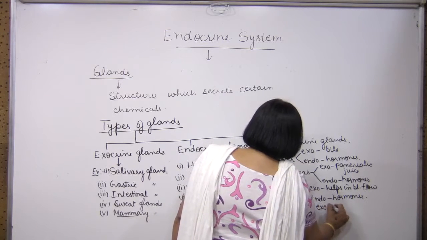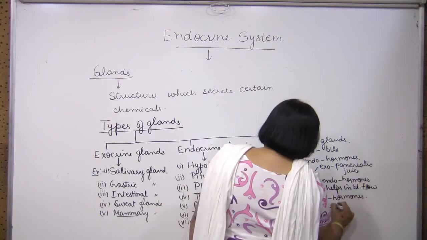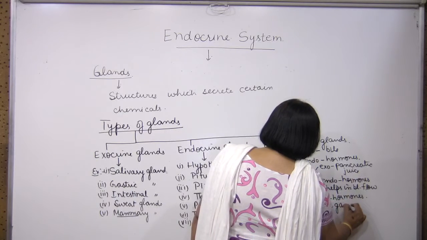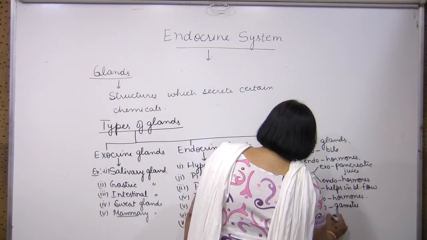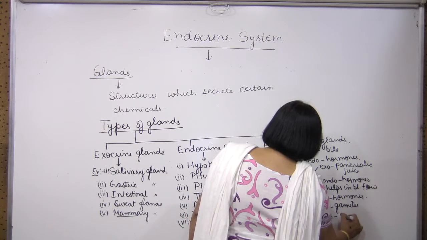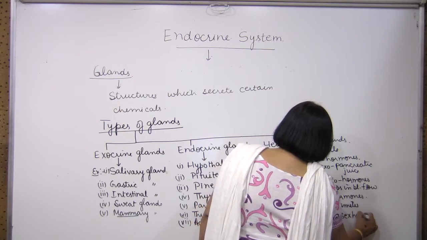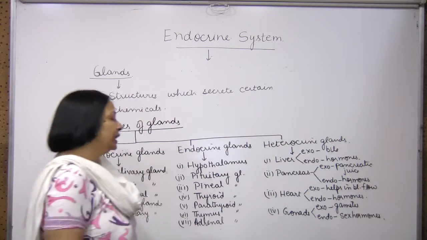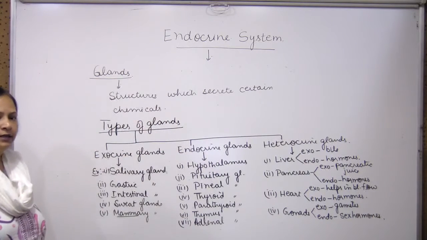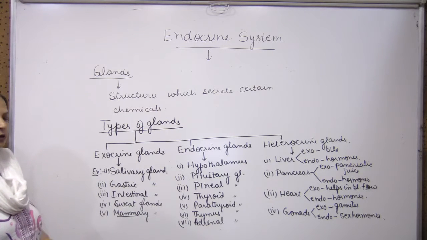Exocrine part, they form gametes, and endocrine part, they secrete sex hormones. So these are the various examples. Note it down in your notebooks.